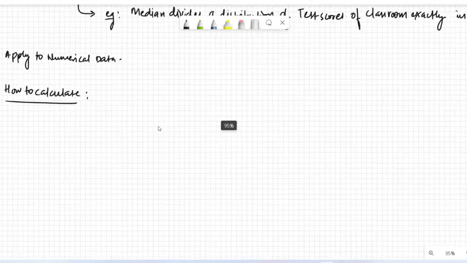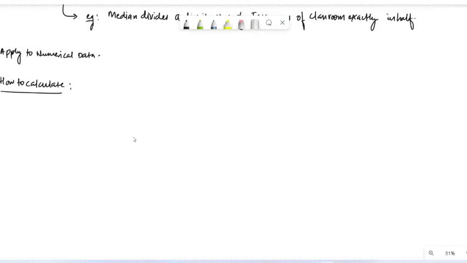One is when the number of samples is even.